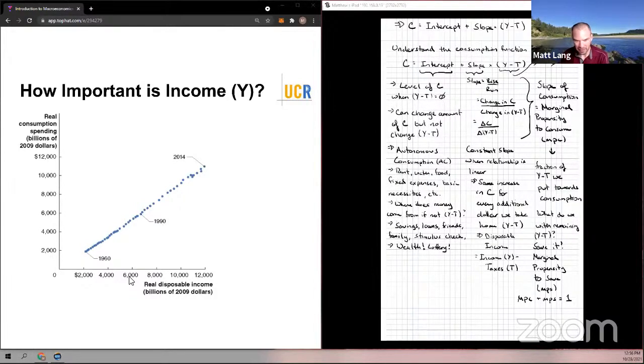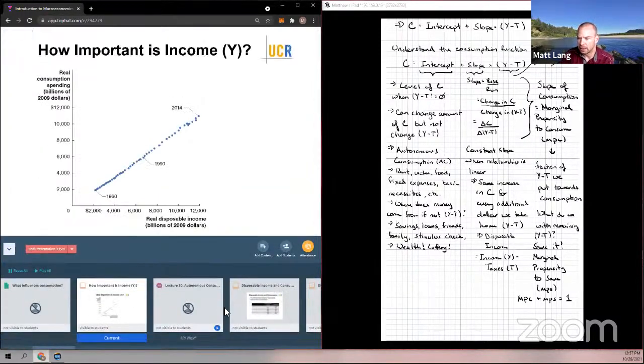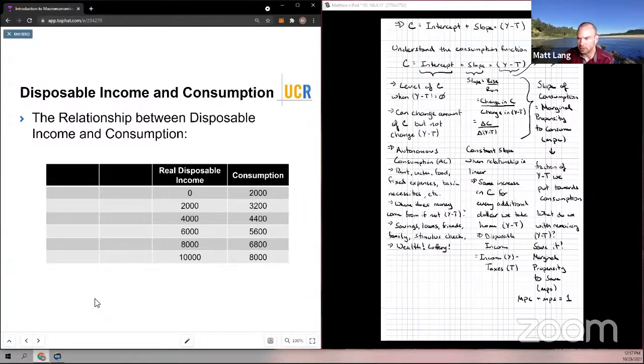All right. So this is everything having to do with this consumption function. If you're feeling good about that, you might be saying to yourself, okay, I understand that I've got an intercept, I understand that I've got a slope, but how will this even look? And some of you have moved forward in the textbook or talked with your TAs.